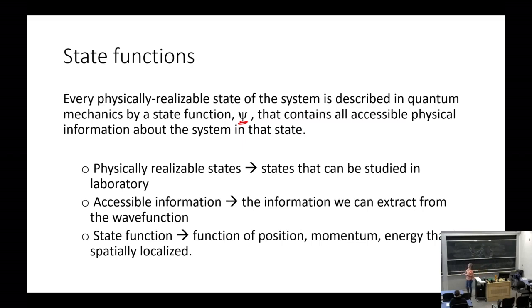We're going to be looking at physically realizable states, so states that we can study in a lab. We're going to be looking for accessible information, the information we can extract from the wave function. And often these functions are functions of position, momentum, and energy, and they're spatially localized. So they're defined things.